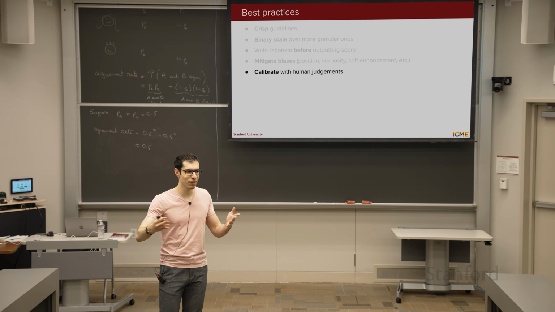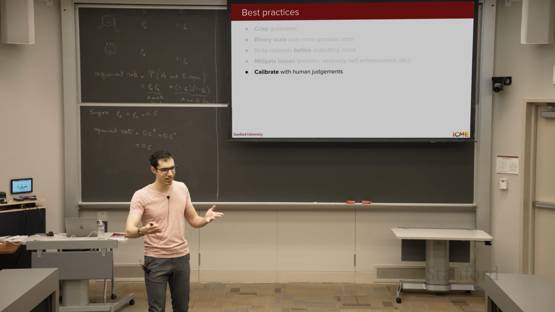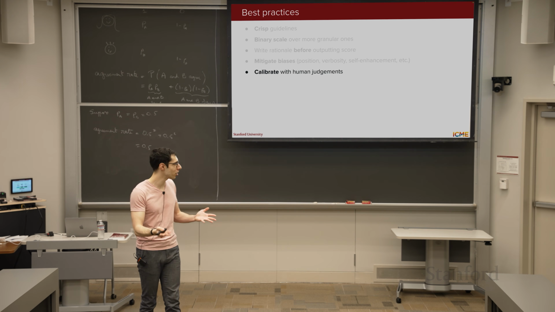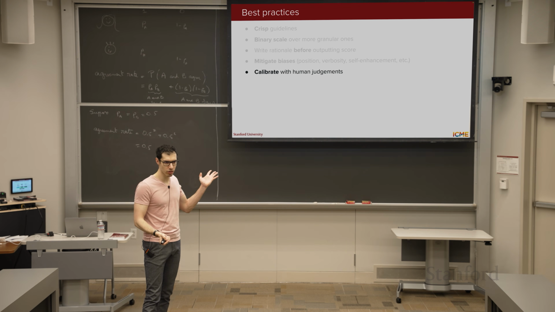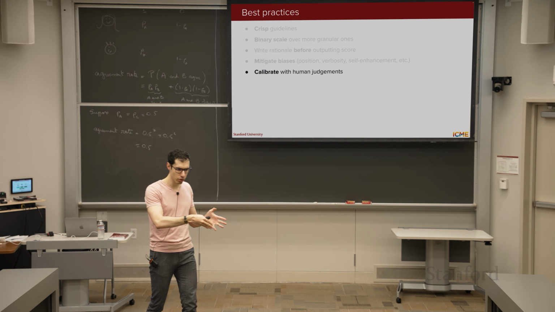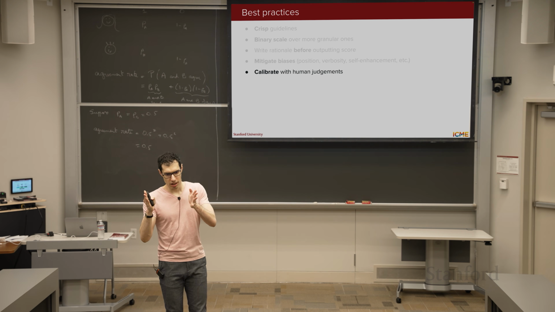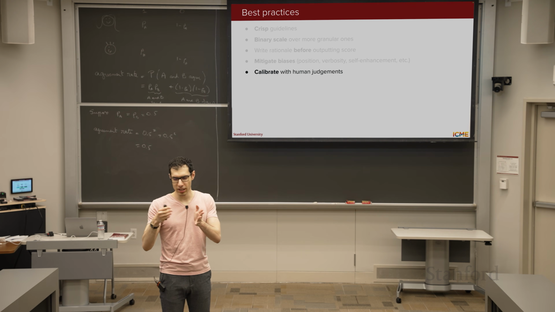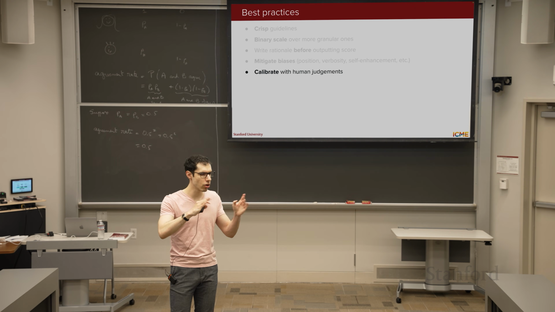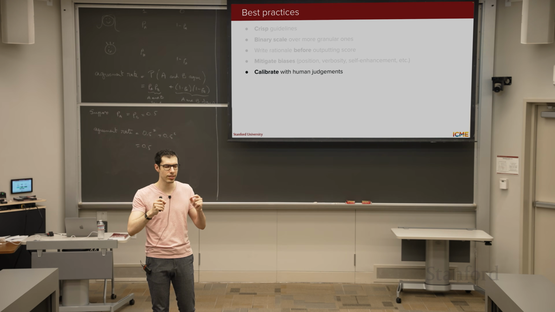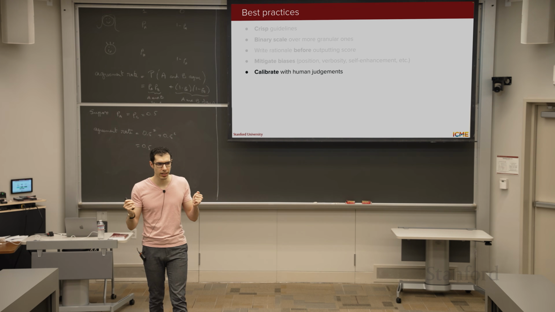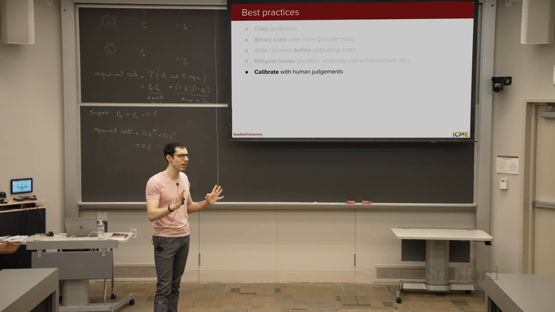So if there is the budget and it's possible for the project, one good practice is to collect the human ratings, output the LLM-as-a-judge scores, and then run some correlation analysis to see if there is something that can be improved in terms of the prompt, mainly the prompt.